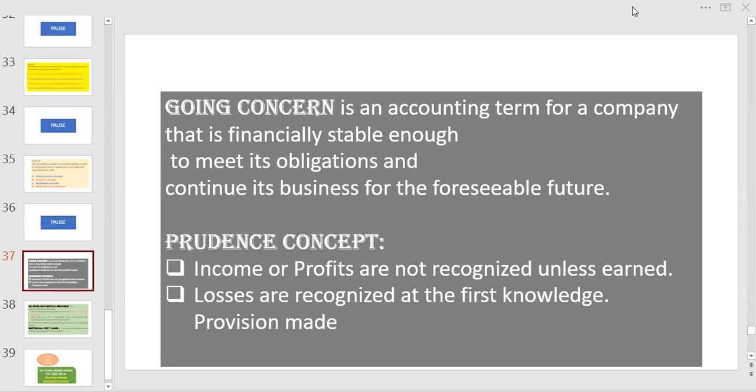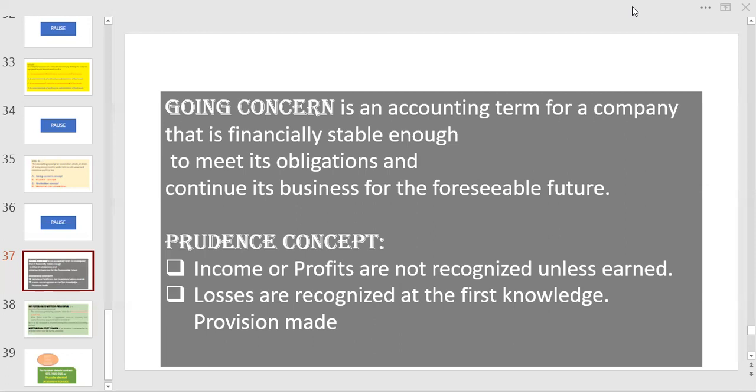In such a short period of time, is there going to be an obstacle to running this business? Sometimes the company may be selling a product which the government has banned, perhaps due to health or various other reasons. So this business will have to be closed. So this is not a going concern.